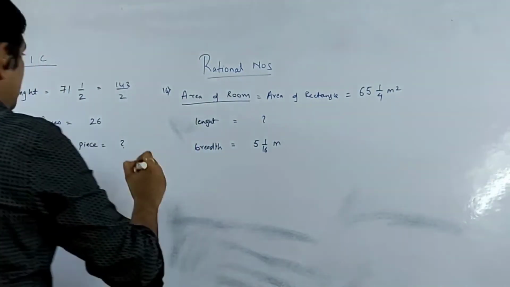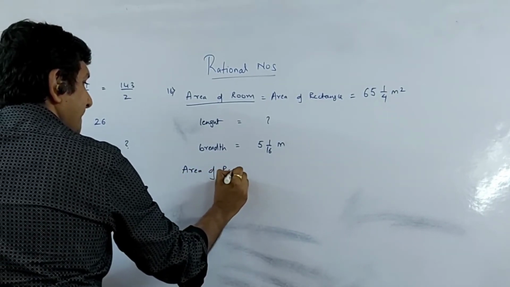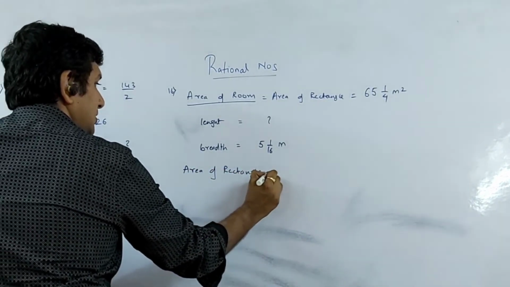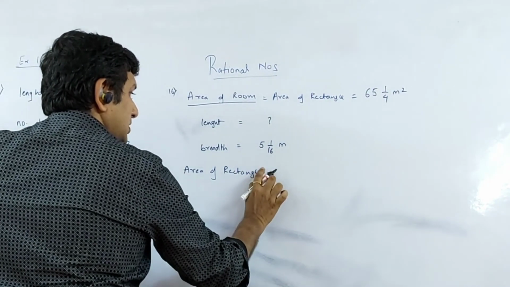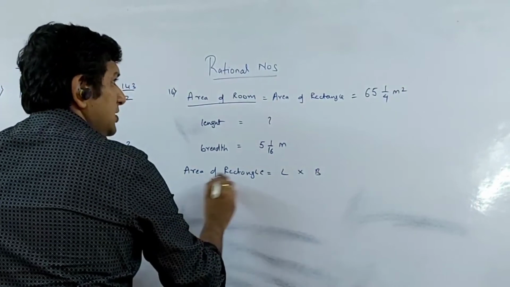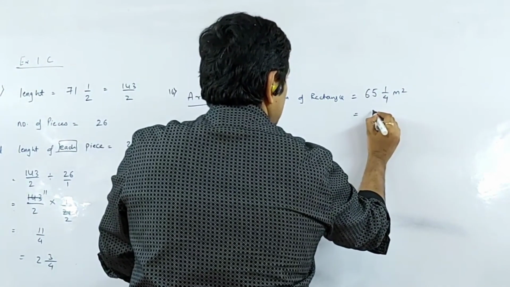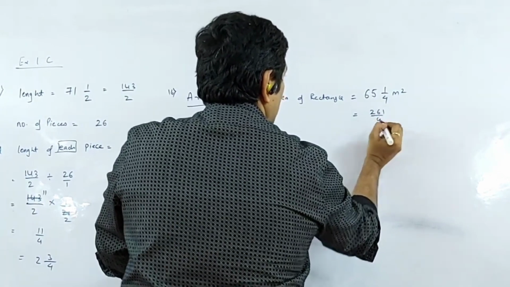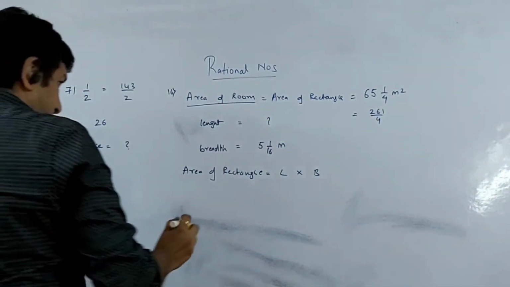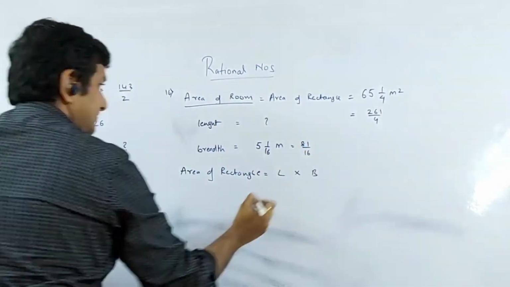Find its length. So the area of the rectangle is length multiplied by breadth. What is the area of the rectangle? I'll convert this into an improper fraction, 65 fours are 260 plus 1, 261 upon 4. And here also 81 upon 16.